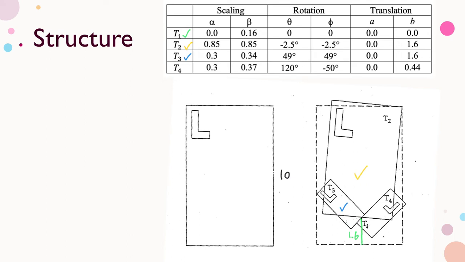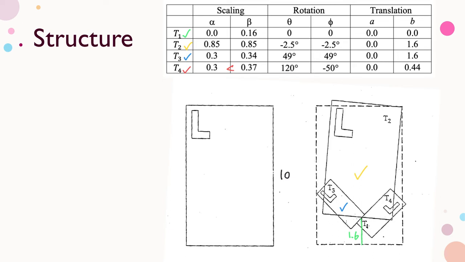Apply the transformation T4 to the rectangle. The scaling factors are 0.3 and 0.37, which reduce the rectangle almost to 1/3 of the original as well. Also, the new rectangle looks thinner as 0.3 is less than 0.37. The angles of rotation are 120 degrees and -50 degrees, which flip the rectangle.